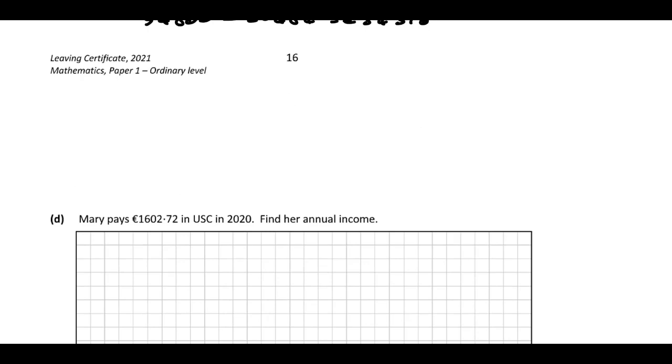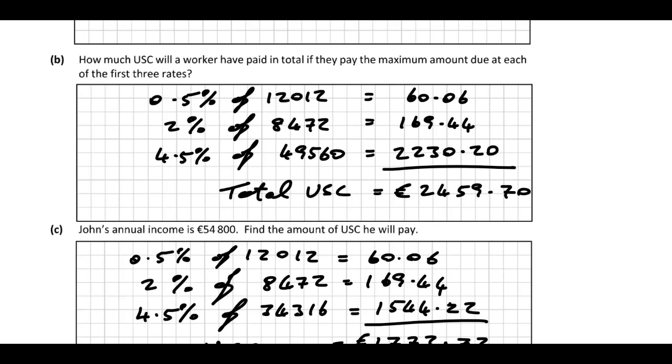So she is paying 1,602, so she's paying less than this, which means she's paying these two in full, and then she's not quite paying the full amount here. So we know that she's going to pay these two here, so let's just add those two first.